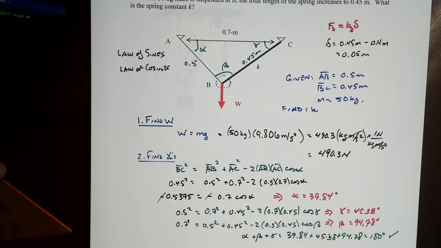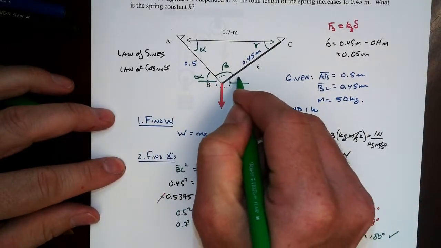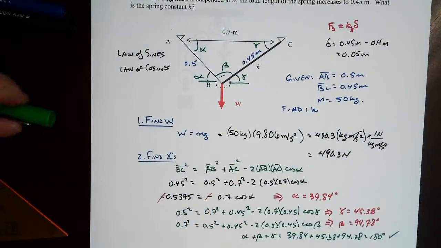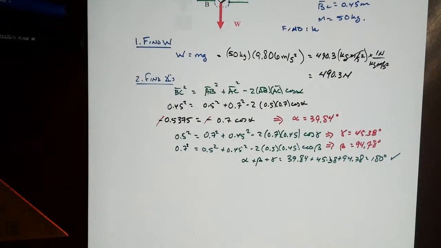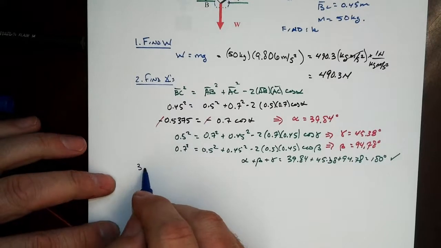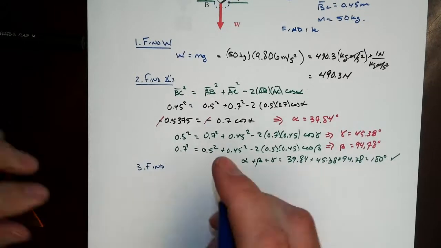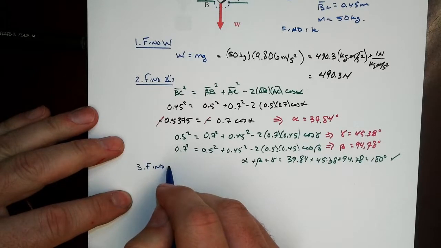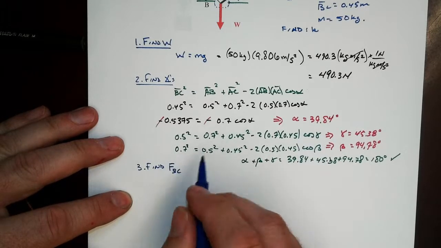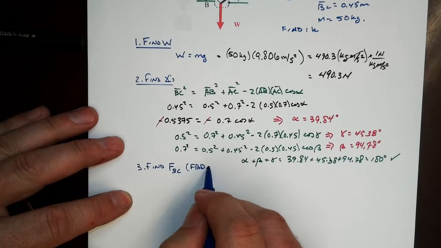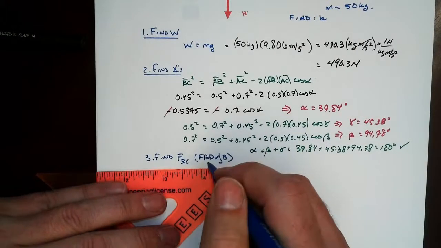Now I've got all of them, and knowing the alpha, well, that shows up here and here, and that will be convenient for the free body diagram of joint B, wherein we're going to ultimately find the force in BC. It's the free body diagram of B that we're going to work with here.